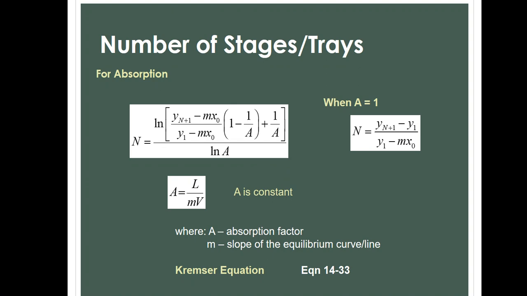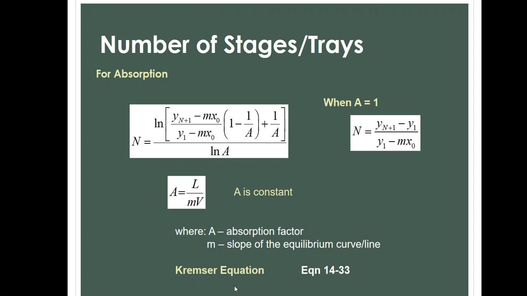We have to design our column in such a way that it should contain the accurate or the approximate number of stages for contacting. If not, our desired recovery won't be realized. Now, what is this equation that allows us to determine the number of stages or trays? So, stages for packed towers, trays for tray towers, that will help us achieve the desired recovery.